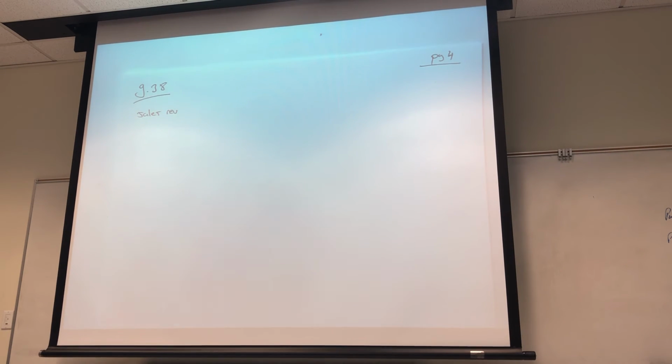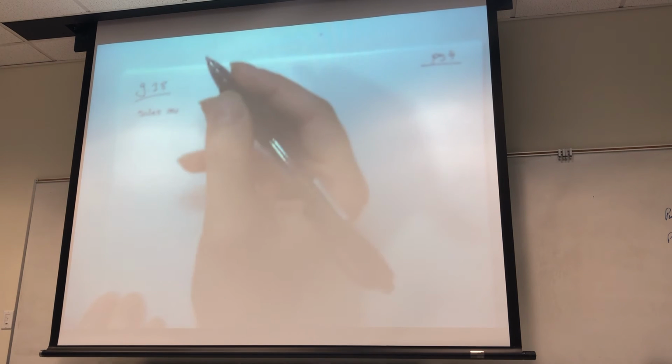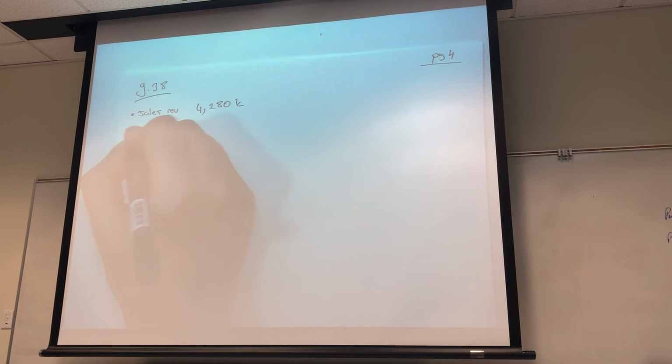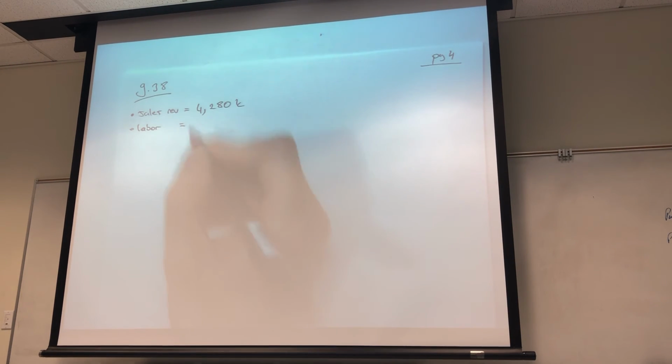Okay, there's no table in the solutions, but the solution says the labor costs were 1,510K. This is 1,510,000, just to be clear. The material costs 760K. The depreciation report is this.